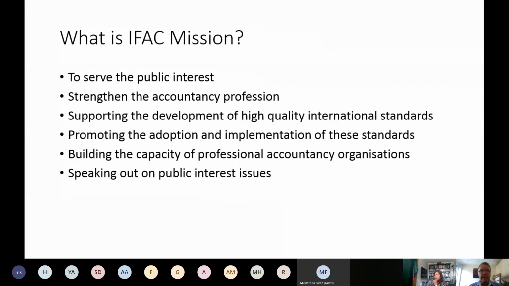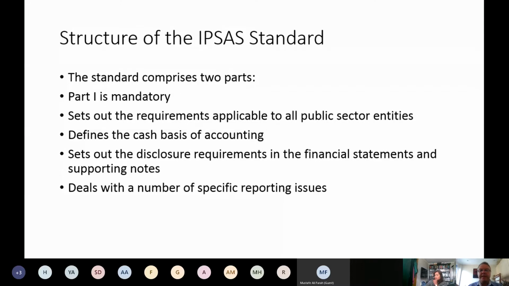Now then, the IPSAS standard. This is really, really important because this is based on your cash IPSAS standard as at now. Okay, we have, first of all, two parts. The first part, part one, is mandatory, must be followed. It sets out the requirements applicable to all public sector entities.